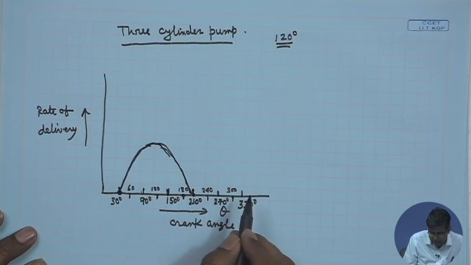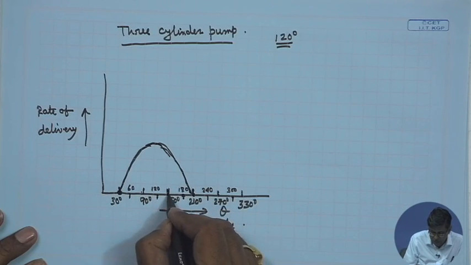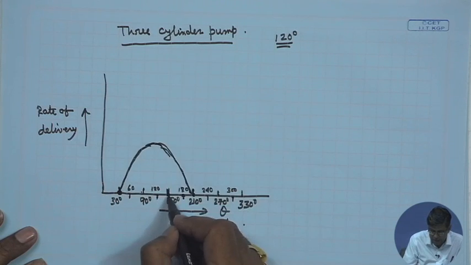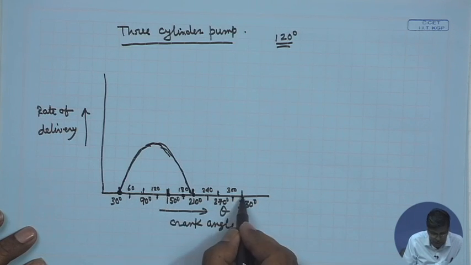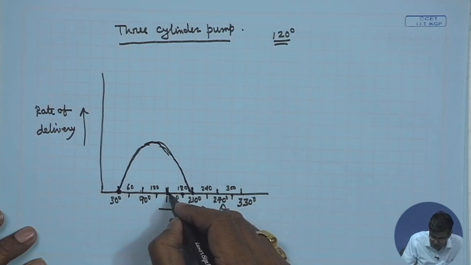Now another cylinder which is 120° away may start at 150° because of the 3-cylinder pump arrangement, and will end at 330°.